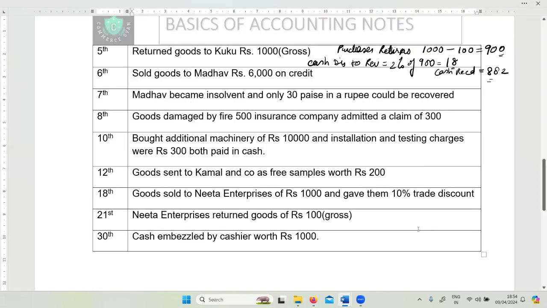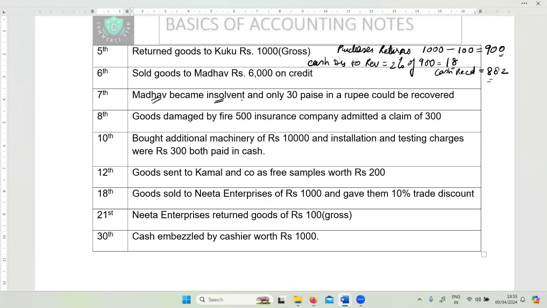Next transaction that we have is on 7th, Madhav became insolvent and only 30 paise in a rupee could be recovered. Fine. So as we know, this is a transaction of loss, insolvency. Loss by insolvency is happening. So one we have is Madhav's account.